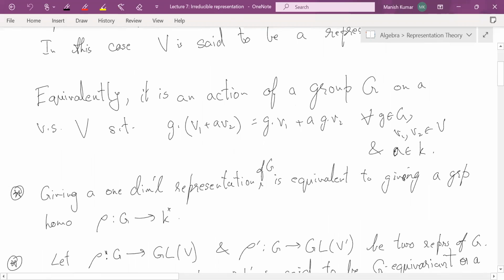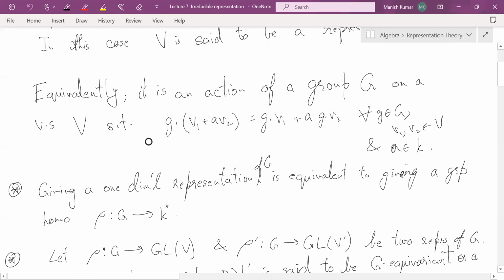So you can think of the vector space here as K. If you want to think in terms of vector spaces and action, take V to be K, and then K cross you can identify with GL1 of K.